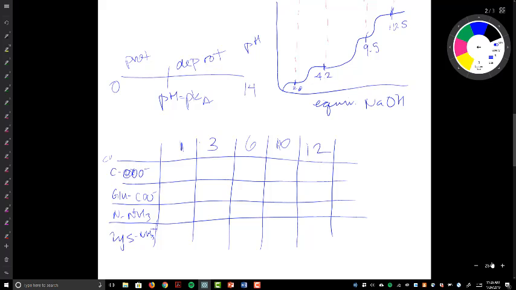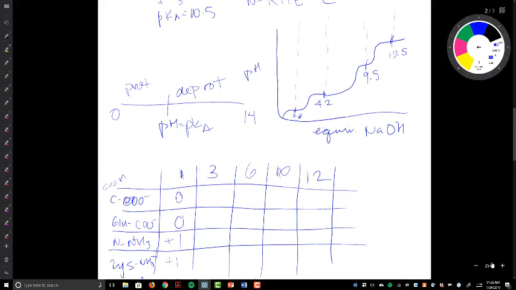The protonated form of a carboxylic acid is neutral, so all of our carboxylic acids are going to be neutral below their pKa. Whereas for the amine, or a positively charged amino acid, the deprotonated form is neutral and the protonated form is positively charged. So both of these would be +1.